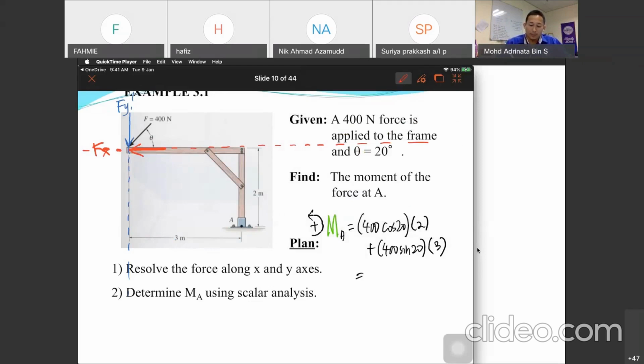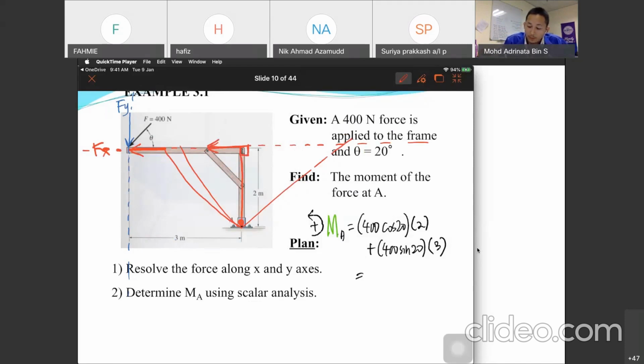We cannot put it this way, and we cannot put it this way. So the 90 degree perpendicular with this line should be this one, and this is 90 degrees. And your Fx is acting that way.